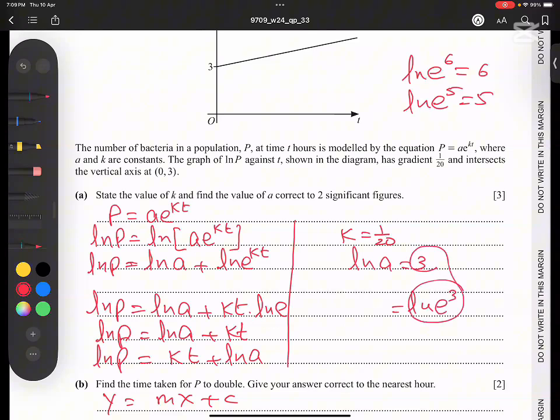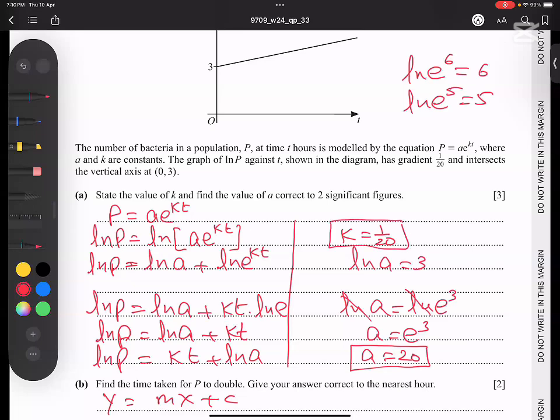This is actually 3. And ln cancels, so a is equal to e to the power 3. And when we type it in the calculator, it will give us the answer: exponential to the power 3. His answer turns out to be 20.08, but he said 2 SF, so the answer is 20. Alhamdulillah Rabbil Alameen, we have done it.